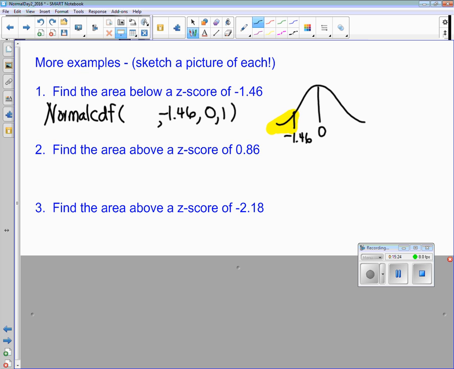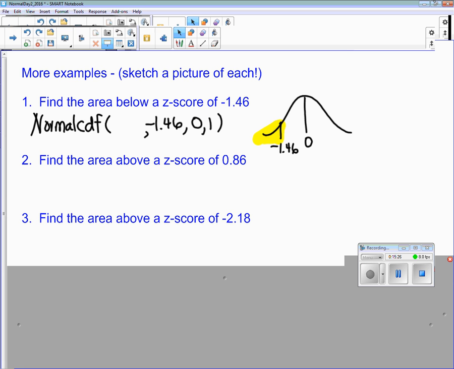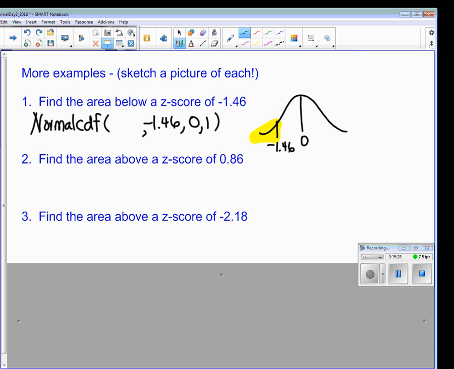What Matt's suggesting is that you can go ahead and put negative 1 times 10 to the 99th power. I'm sorry, that's not true. It's 1 times 10 to the negative 99th power. The calculator notation for that is negative E99, some really small number. That means 0.0000, I could count 99 zeros, 1.